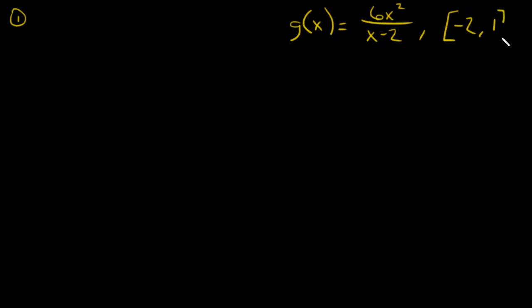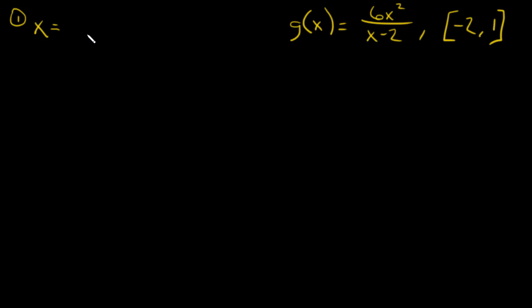So step 1. Well, let me get my original function. The original function is, let's see, g of x is equal to 6x squared over x minus 2. And the domain was from -2 to 1. Alrighty, so step 1, I found my critical numbers. The critical numbers were at x is equal to, what was it?